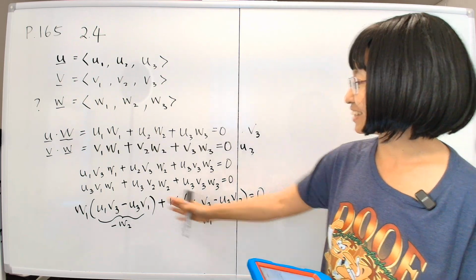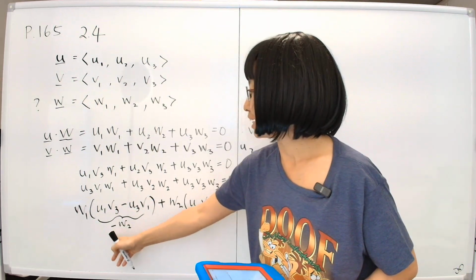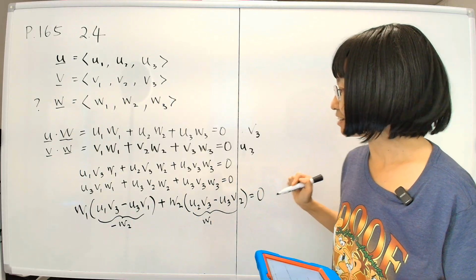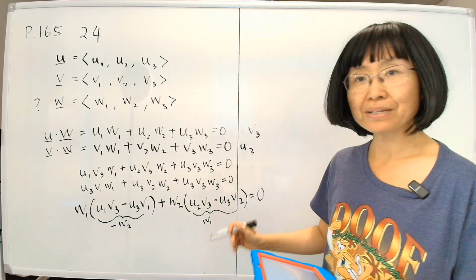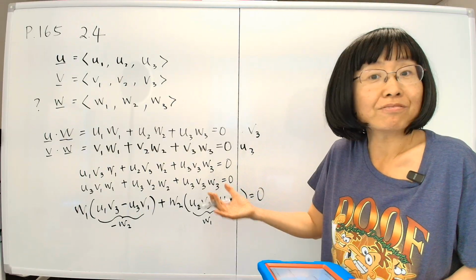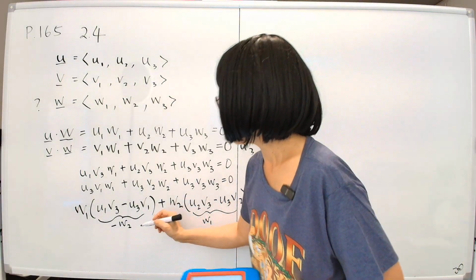That becomes negative w1w2 plus w1w2, that's 0. And therefore, that will be one of our solutions. That's not the only solution, but we're only looking for one solution, so that's good enough.